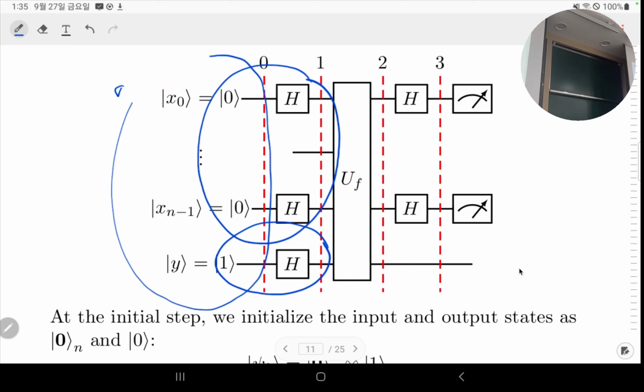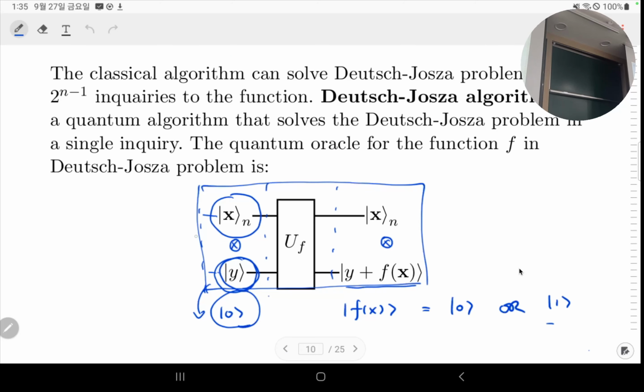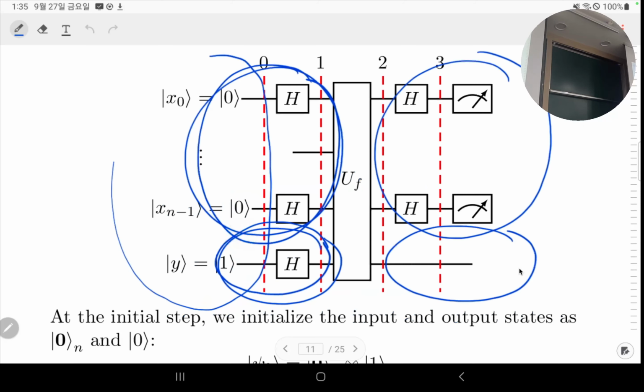But you cannot take separately this input state and output state, and then whatever you got here is the tensor product of these two, because this diagram only applies to when x and y are either 0 or 1, but in real case it's not.